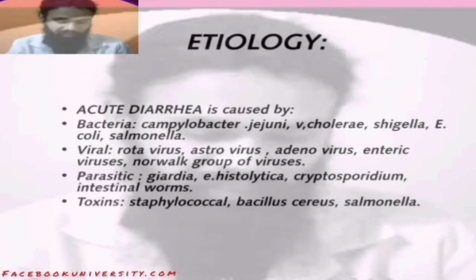So, what are the causes of diarrhea? Acute diarrhea is caused by bacteria: Campylobacter jejuni, V. cholerae, shigella, E. coli, salmonella, and viral causes are rotavirus, astrovirus, adenovirus, enteric viruses, Norwalk group of viruses. Parasitic infections are also etiology of diarrhea.